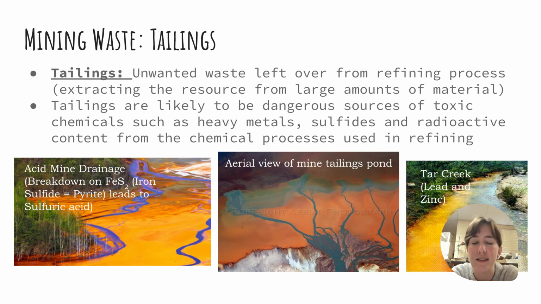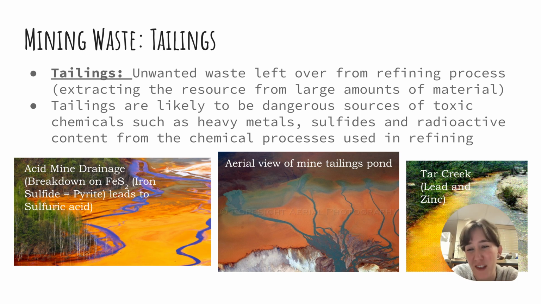In that process of refining, you end up with some waste that's left over. That waste has the gangue material, so the leftovers from that, as well as whatever chemicals that you are using in the process. We call that mix of unwanted waste that is left over after refining tailings. Tailings often are pretty toxic. Like I said, in the refining process for gold, the tailings would include cyanide.